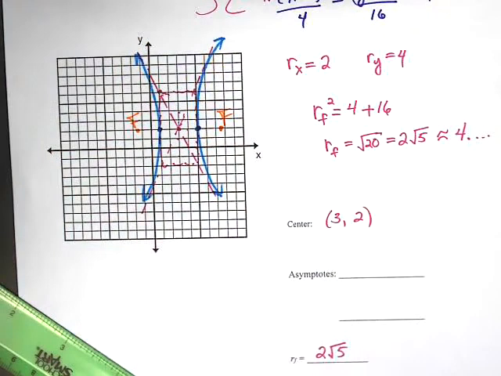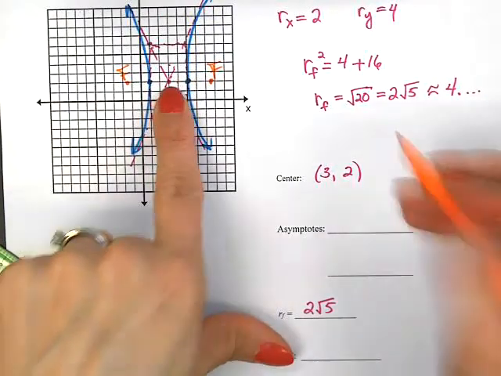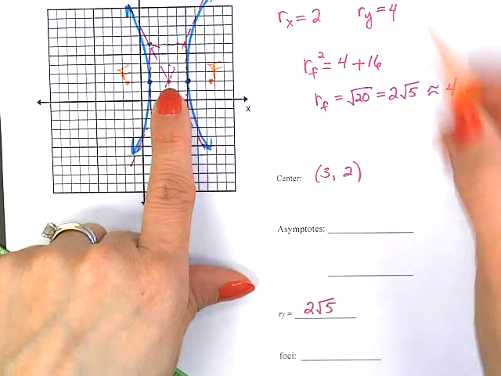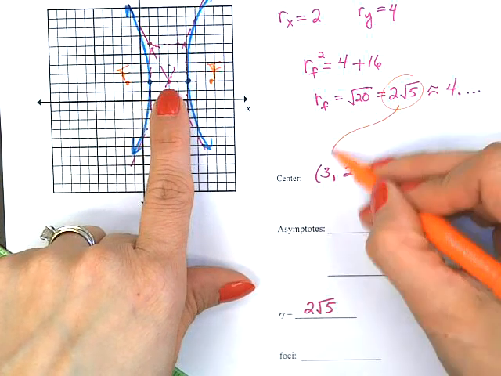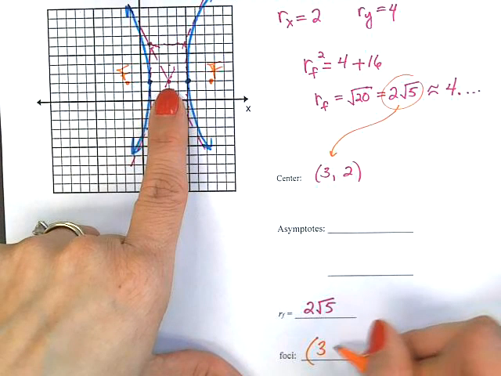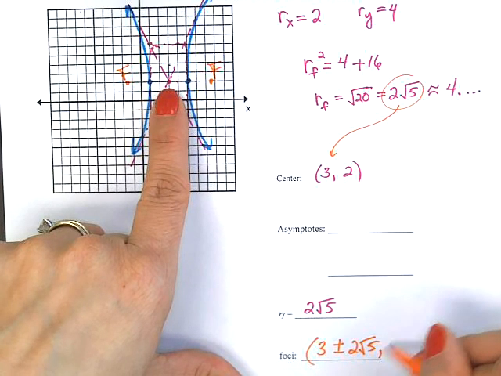So how did I graph those foci? I went to the center, so I'm going to use this 3, 2, and then I went left and right. So I'm going to add the focal radius onto the x number. So it's 3, and then plus or minus 2 radical 5, 2.